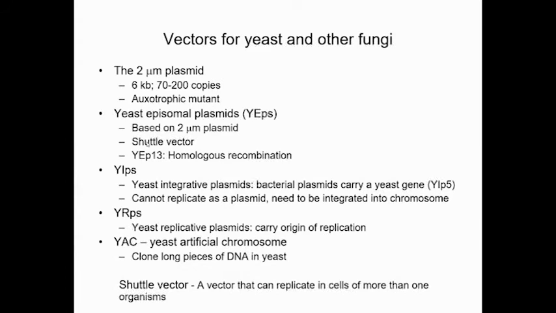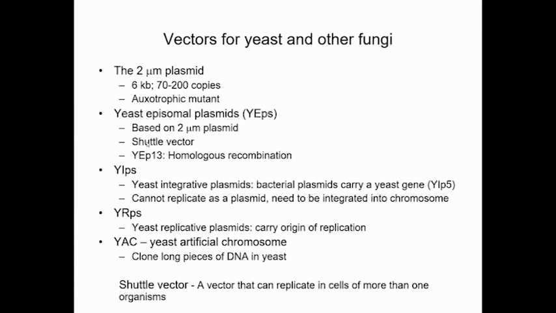That would be the example that I will demonstrate later this week to show you how to generate a knockout cell. All right, you use the homologous recombination to replace the chromosomal DNA to knock out a specific gene.